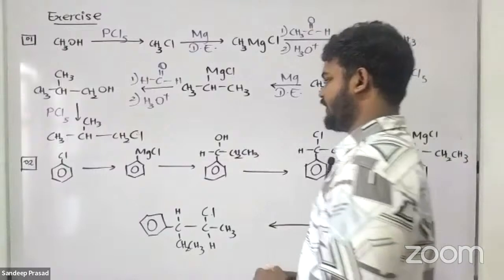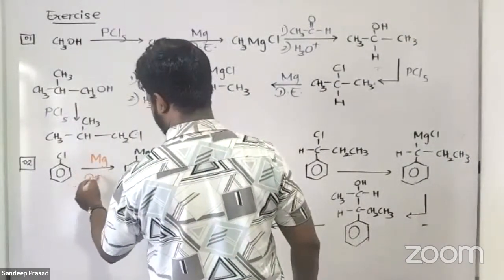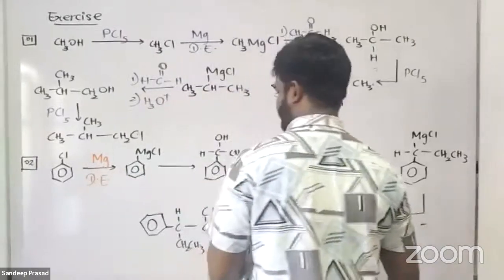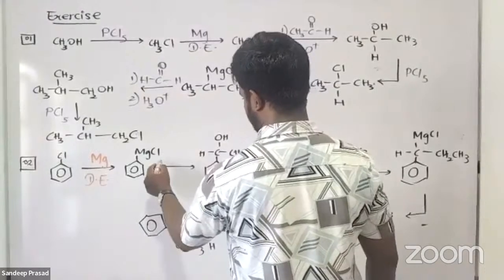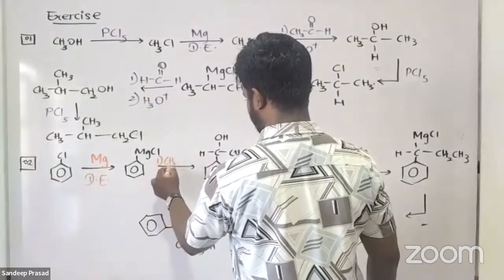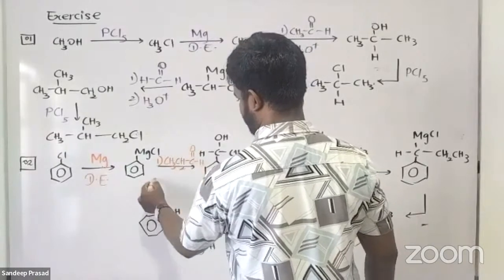If you go for the second one, chlorobenzene, we have added magnesium and dry ether and it has been converted to an alcohol. So first of all, CH3, CH2, C double bond O, H. Secondly, H3O+.